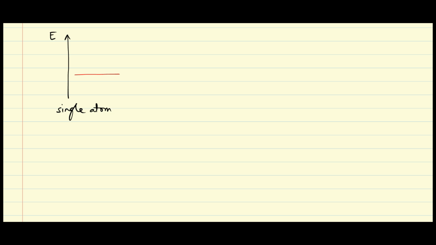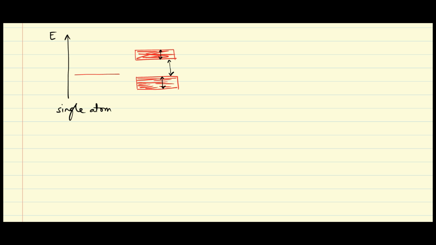Now, when millions and millions of such atoms come together to form a crystal, it is even possible that this single energy level gives rise to not one energy band but to two energy bands. One may be here and the second one may be here, which essentially means that an electron can have any energy in this range, and likewise it is allowed to have any energy in this range, but it is not allowed to have any energy whatsoever in this range.